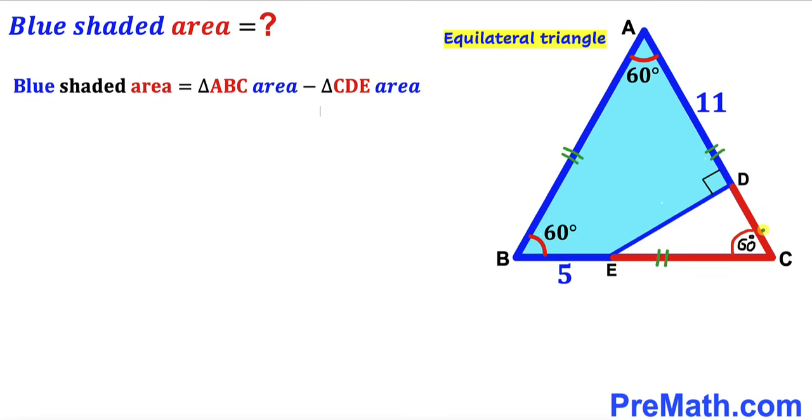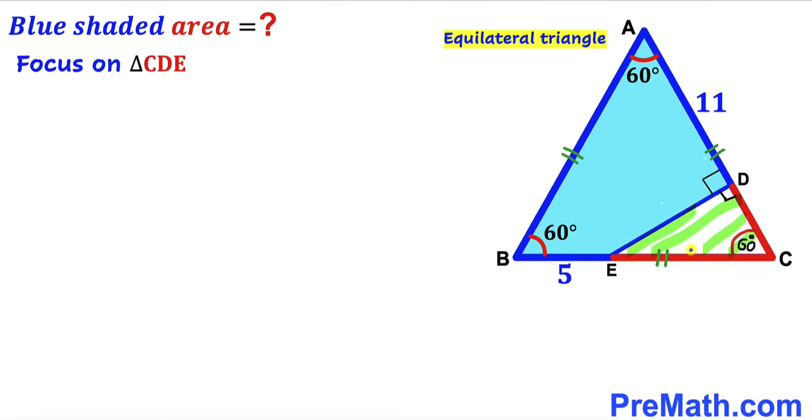And here our small triangle is triangle CDE. So now our task is to calculate the area of triangle ABC and the area of triangle CDE as well, before we can calculate the area of this blue shaded region.